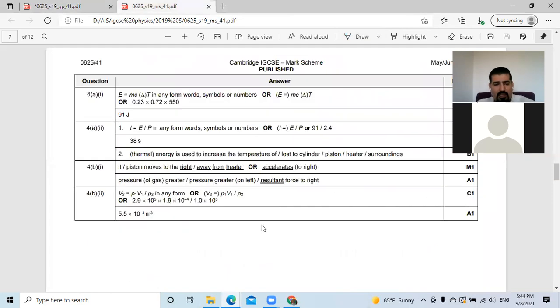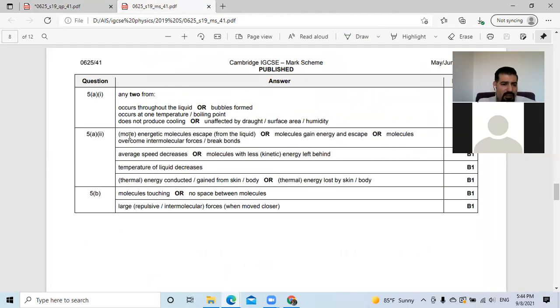If we go to the mark scheme, the answers say: most energetic molecules escape from the liquid, or molecules gain energy and escape. Average speed decreases, so the molecules that remain have less kinetic energy. The temperature of the liquid decreases, so thermal energy is conducted, or gained from the skin, or thermal energy is lost by the skin of the patient, as we said.